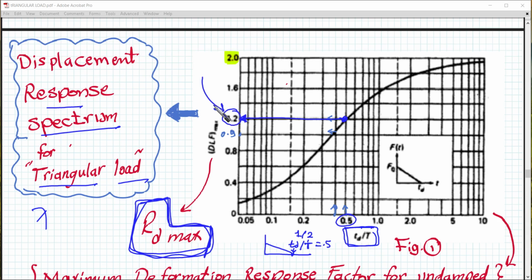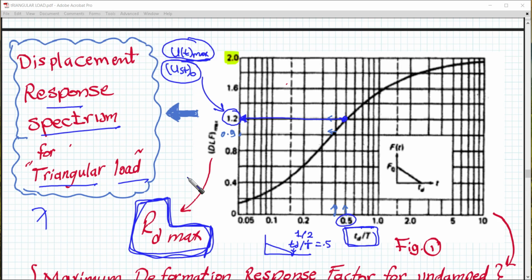This means that the dynamic response will be higher than the maximum static response by 20% in this system. Okay, but not UT only, it is going to be UT maximum, because we are talking about the maximum here.